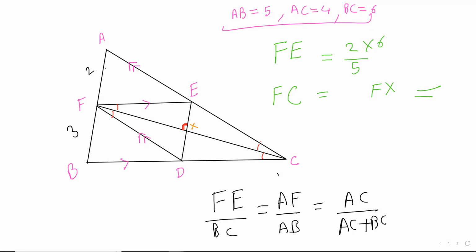One thing I can say from the picture is AEDB is cyclic. I don't know how to use it, but AEDB is cyclic, which is probably not useful in this question.